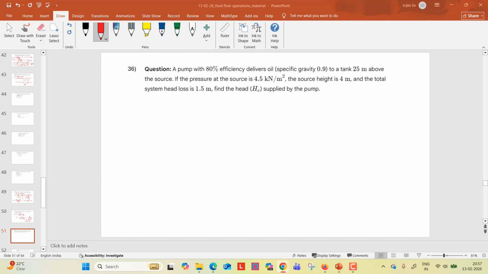Modified Bernoulli's equation is P1 by rho g plus V1 square by 2g plus Z1 plus head supplied by the pump equals P2 by rho g plus V2 square by 2g plus Z2 plus head loss h.